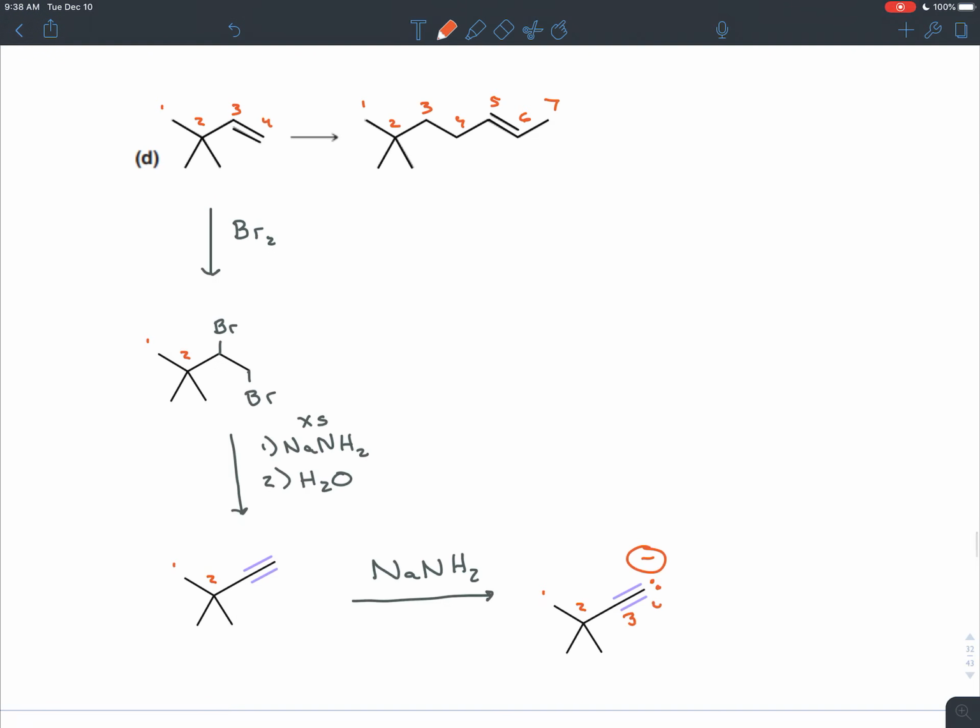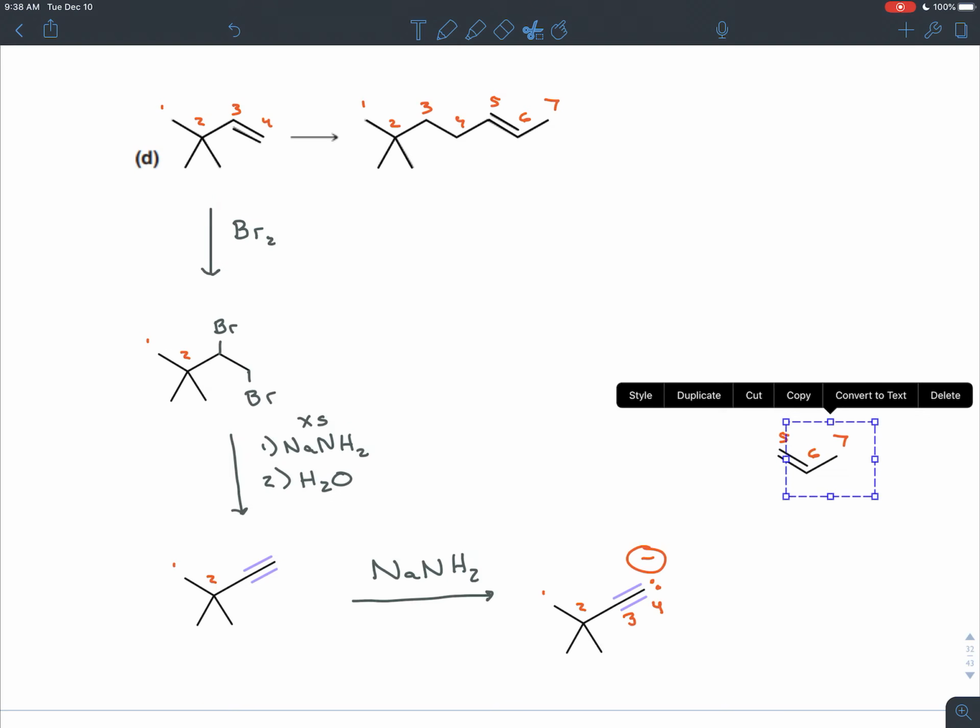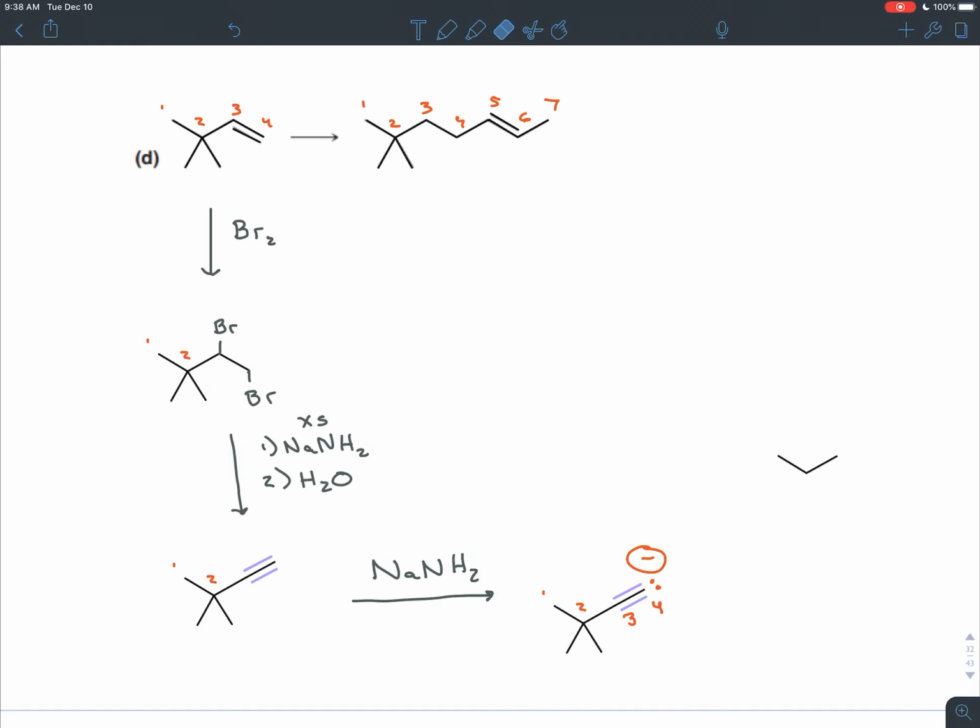Now, what's special about that nucleophile on carbon number 4 is it will allow us to create a new bond to another carbon. So we're going to take carbons 5, 6, and 7, and what we can do is have it as an alkyl halide.